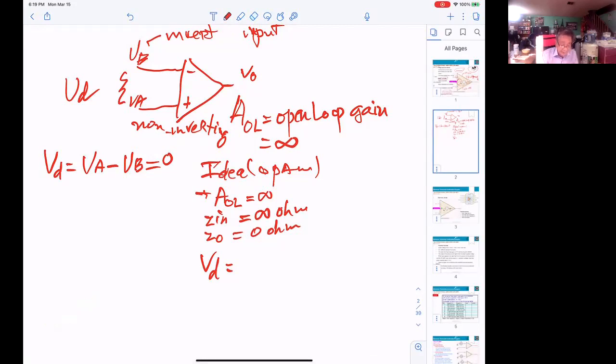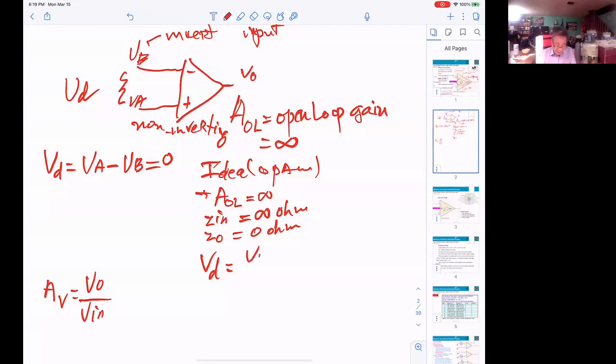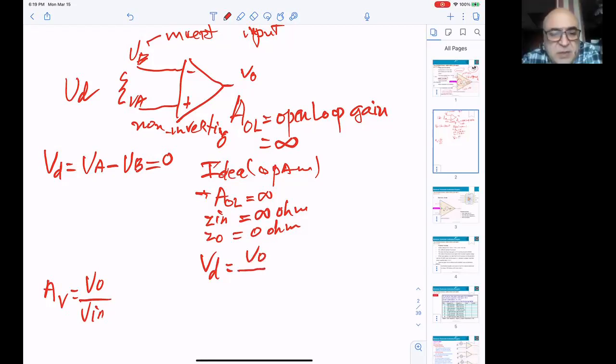AV is V out divided by V in. That's a very basic definition. The gain means the ratio between output and input. And now in this op amp, VD will be equal to what? V out over VD.